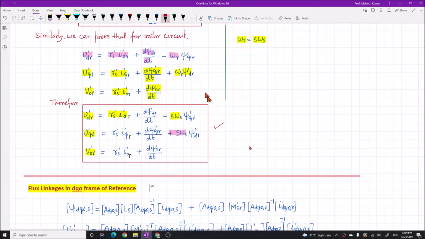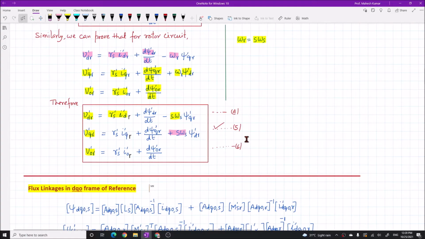We can write these as equations 4, 5 and 6. So these are 6 equations, 3 for stator and 3 for rotor in the dq reference frame.